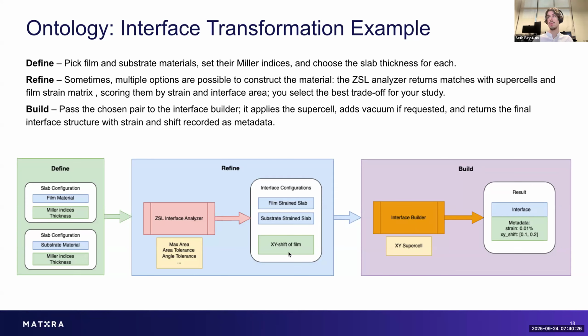And you can choose what's best for your use case. Sometimes you need lower strain, sometimes you need lower size of the overall structure. And then you select the interface configuration that you need, and you apply the interface builder to it, and get a result with the interface with all the metadata stored.